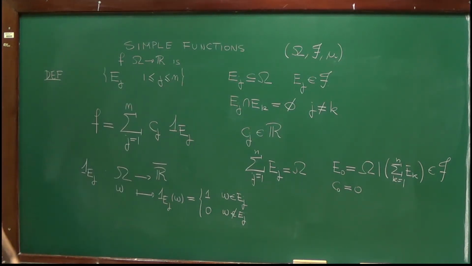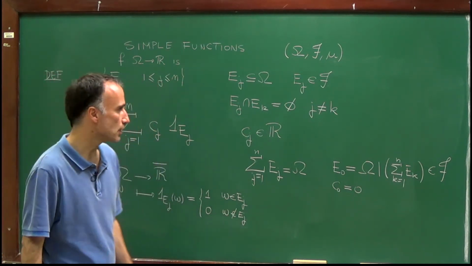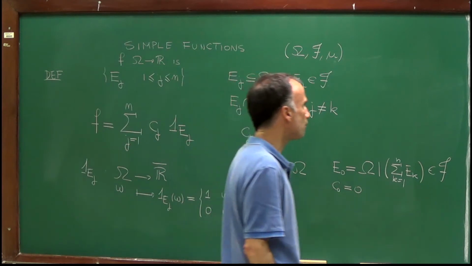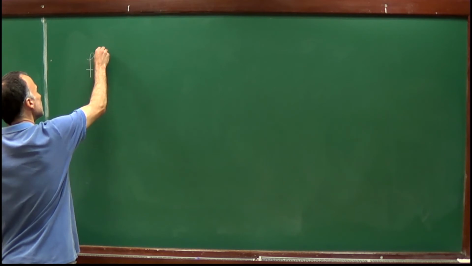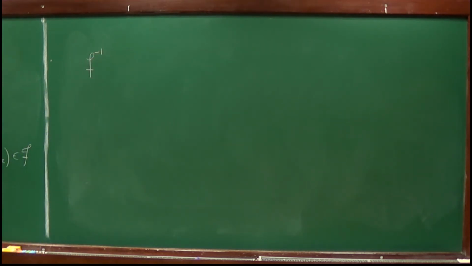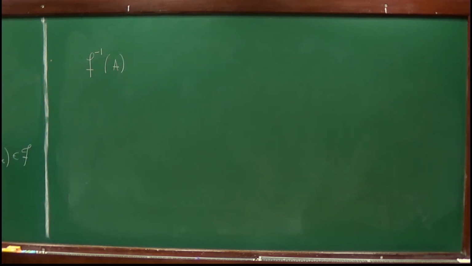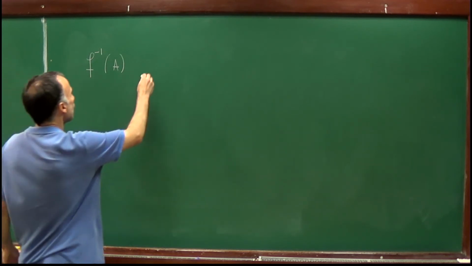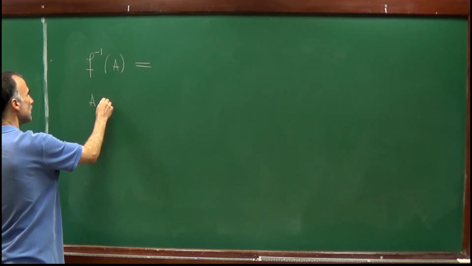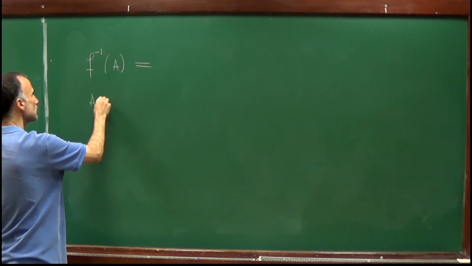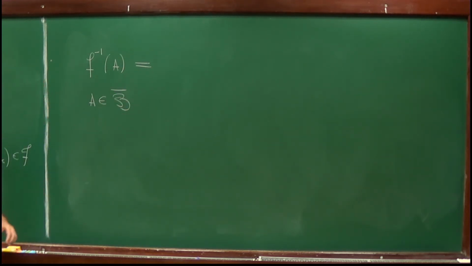So these will be the simple functions, and what I claim is that the simple functions are measurable. Well, why is that so? Because if you take the inverse image of any set A, so take A a subset of R, or more precisely, take A as an element of the extended Borel sigma algebra.